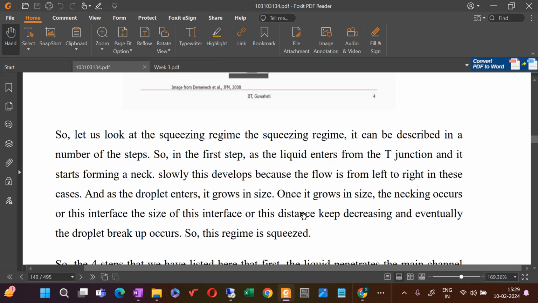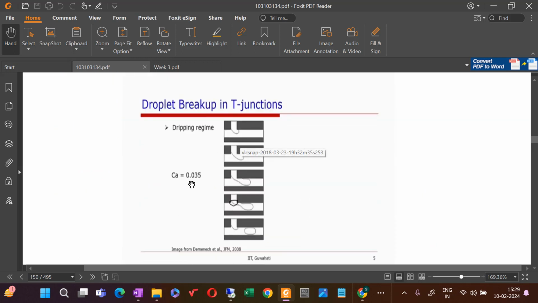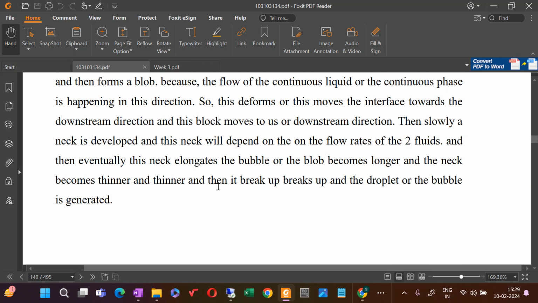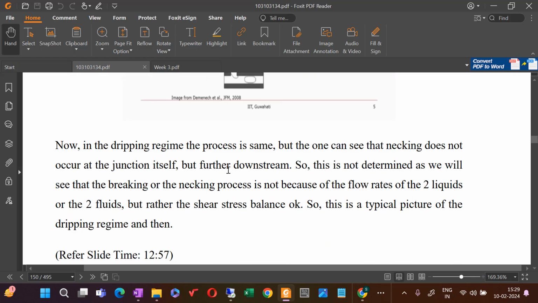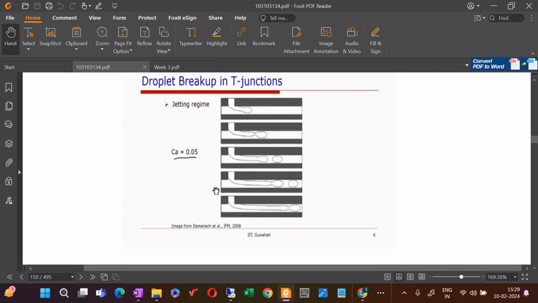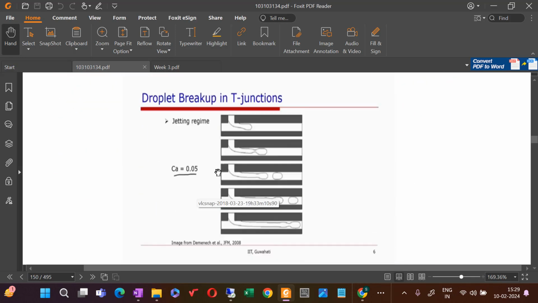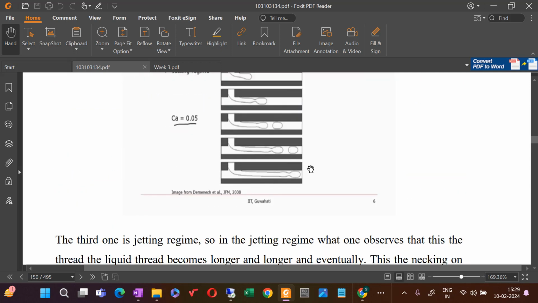The dripping regime is happening at around a capillary number of 0.035, a bit higher. And when you go further higher, 0.05, then the jetting regime comes up.